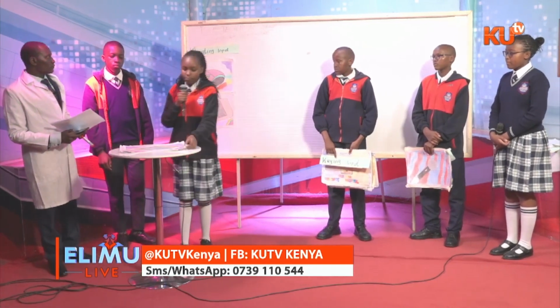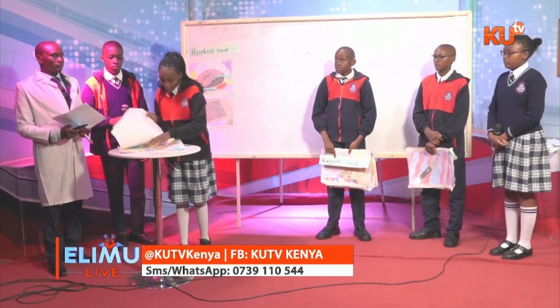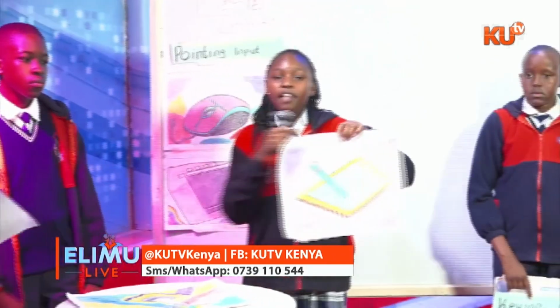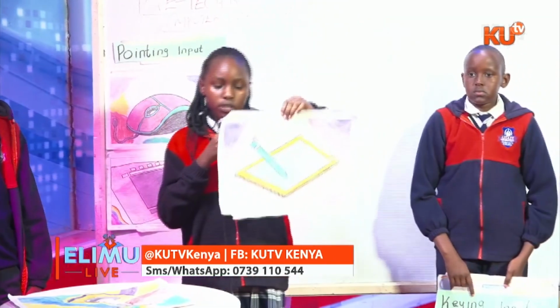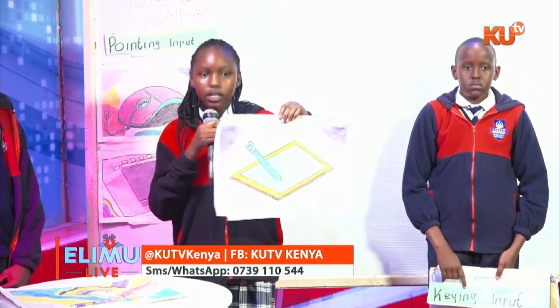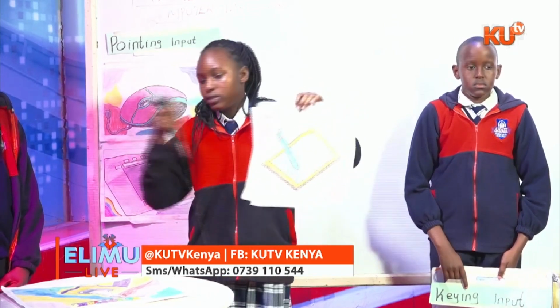Number 3, we have the light pen. This device is used on digital devices such as mobile phones and tablets. We use it instead of using our fingers to type in applications.